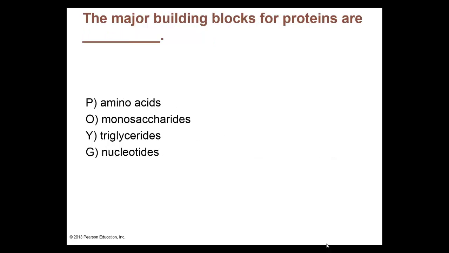The major building blocks for proteins are what? It is the pink, amino acids. We string amino acids together to eventually make a big, huge protein. And how many different amino acids are there? 20. We just change them up in different orders.